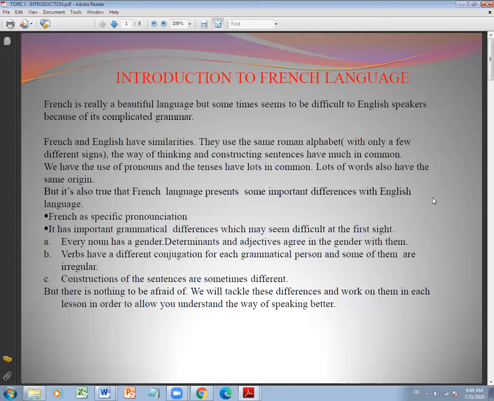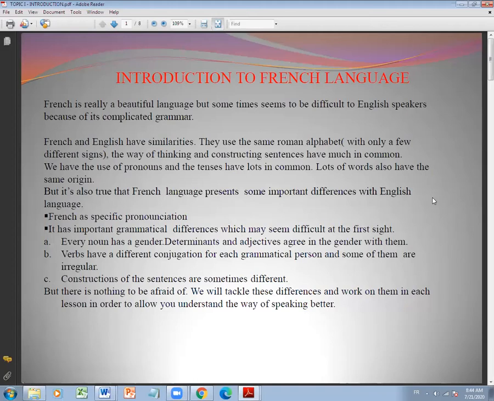French is really a beautiful language, but sometimes it seems to be difficult to English speakers because of its complicated grammar. French and English have similarities. They use the same Roman alphabet, with only a few different signs.